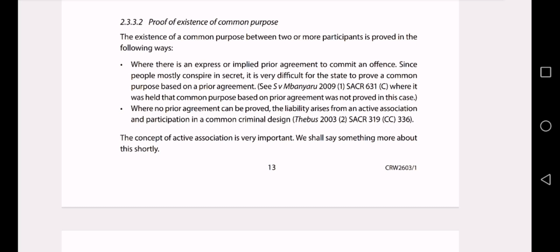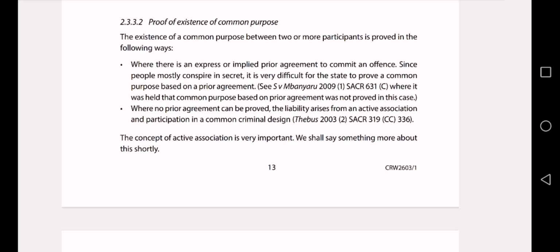Proof of existence of common purpose. The existence of common purpose between two or more participants is proved in the following ways. Where there is an express or implied prior agreement to commit an offense: since people conspire in secret, it is very difficult for the state to prove common purpose based on prior arrangement.